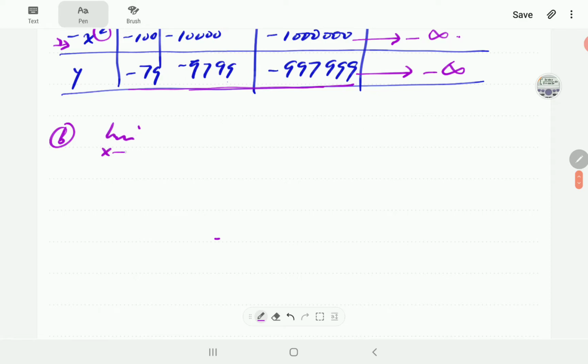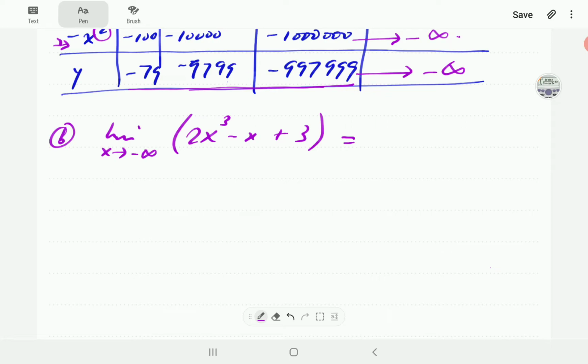In this case, the limit is going to be dominated by the 2x cubed term.